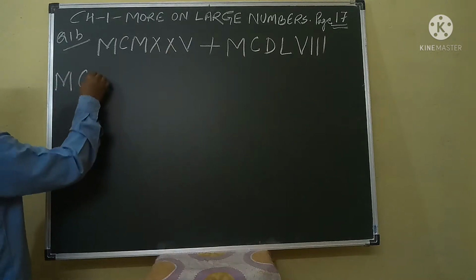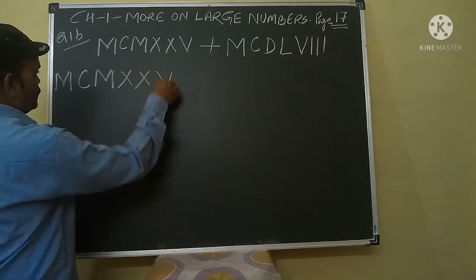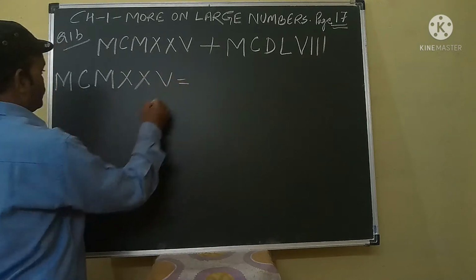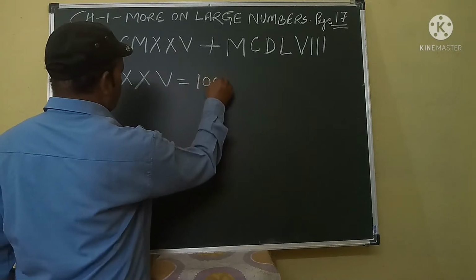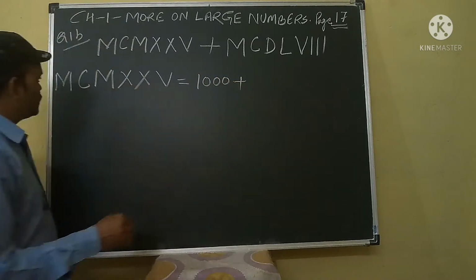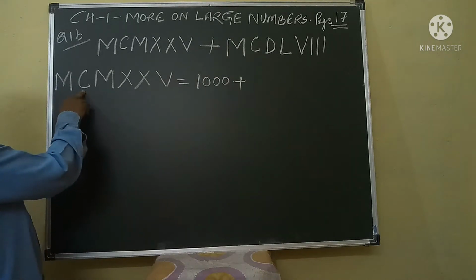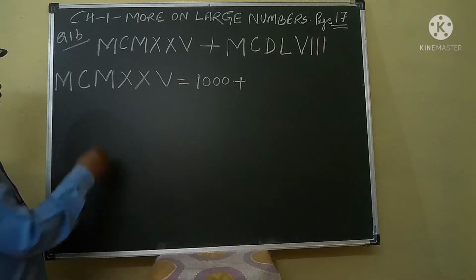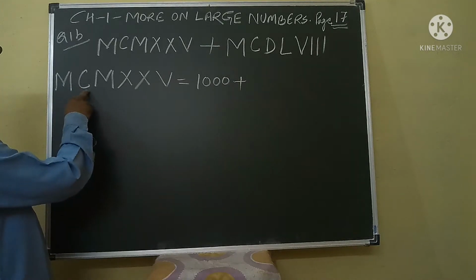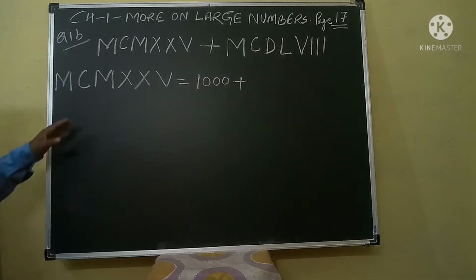Now let us discuss M C M X X V. M means 1000, plus CM. C stands for 100 and M stands for 1000. So what will you do?